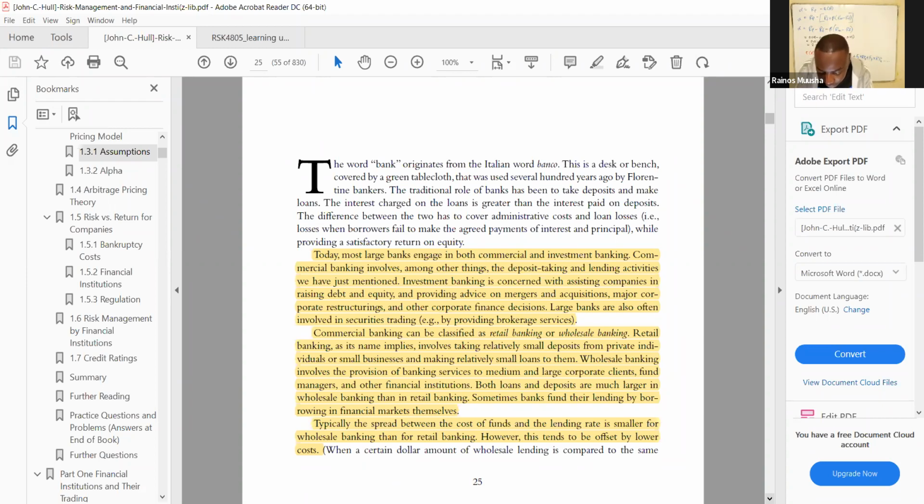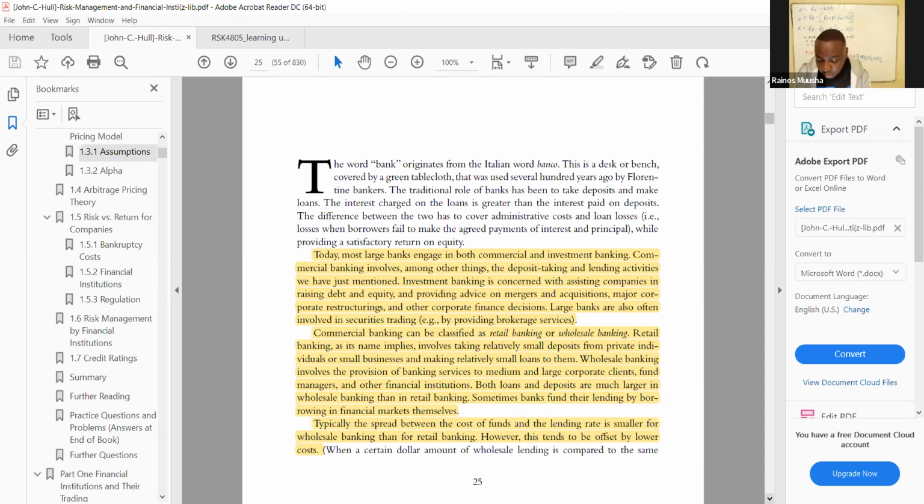So commercial banking can be classified as retail banking or wholesale banking. Retail banking, as its name implies, involves taking relatively small deposits from private individuals or small businesses and making relatively small loans to them. Wholesale banking involves the provision of banking services to medium and large corporate clients, fund managers, and other financial institutions.